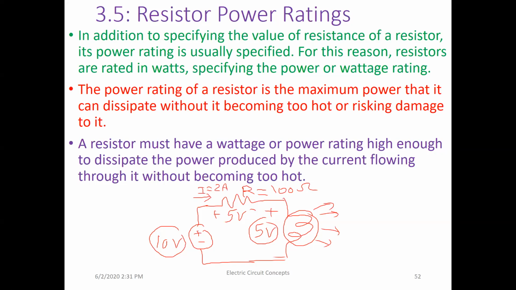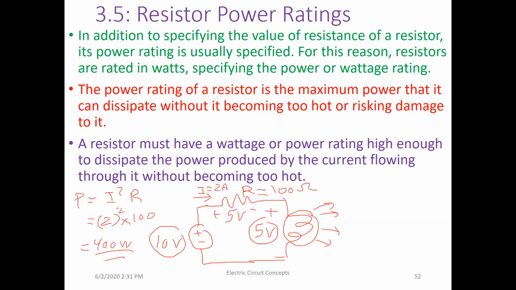So now I need to design what the power rating is. When I buy the resistance of 100 ohm, I need to specify the value of the power rating that I need for that specific resistance. Again, one of the formulas for determining the power is I squared times R. We know I is 2, so 2 squared times 100 is 400 watts.